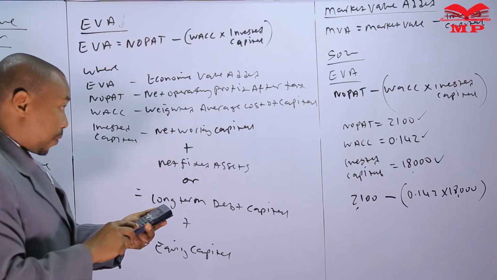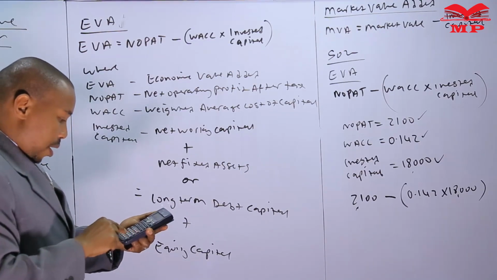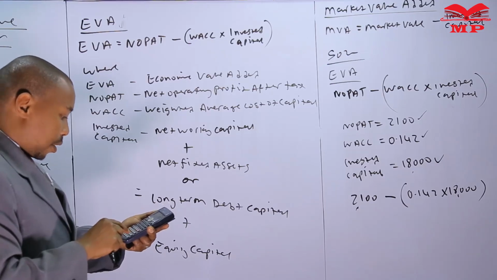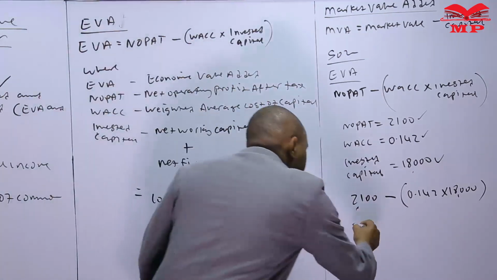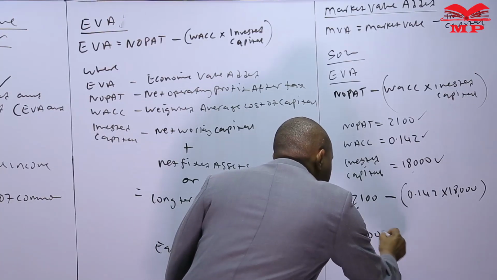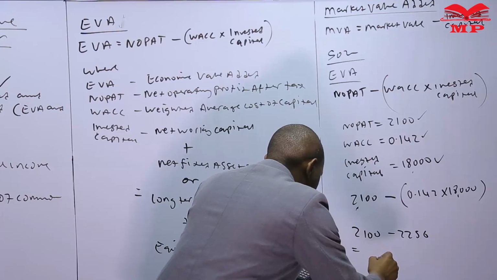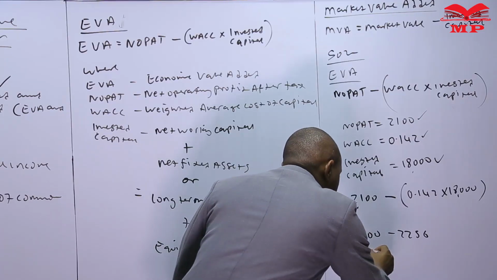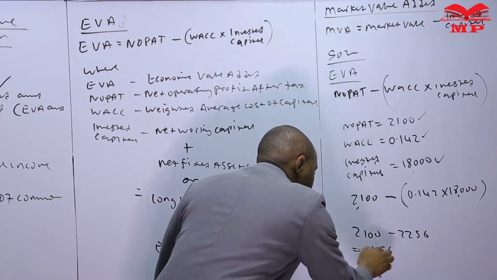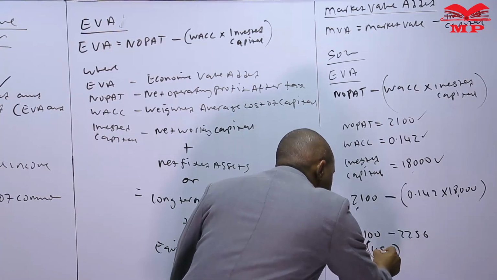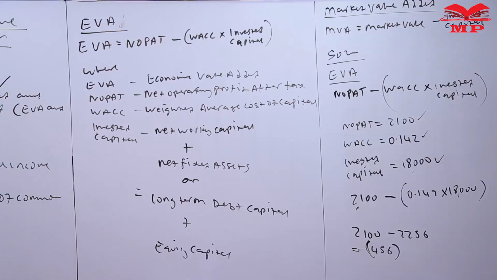Then 2100 minus 2256 gives negative 456. You can put this in brackets to indicate a negative value. That is the economic value added.